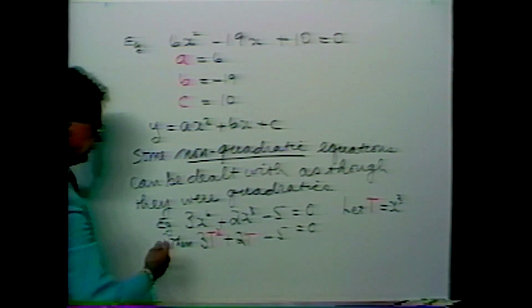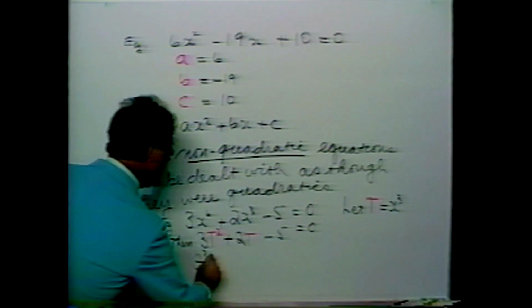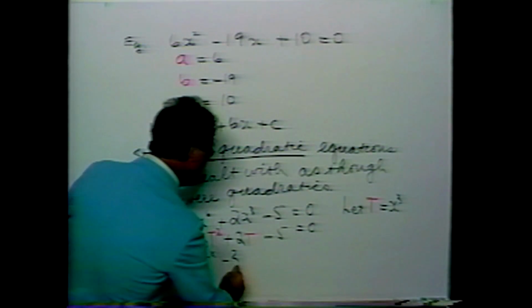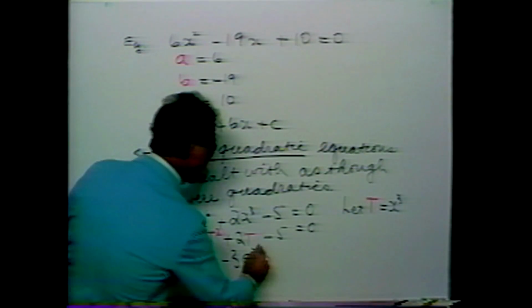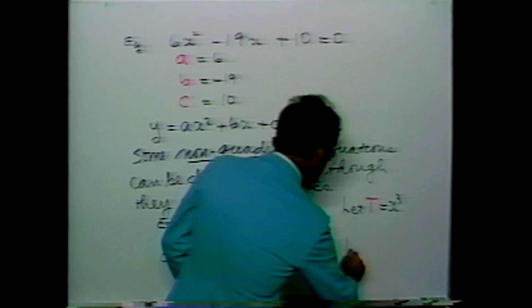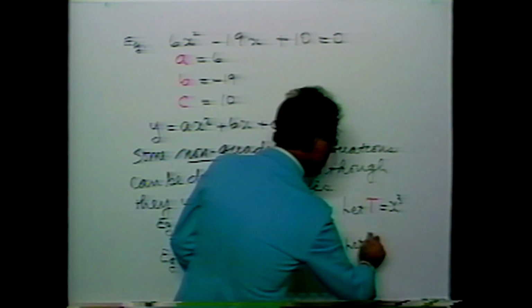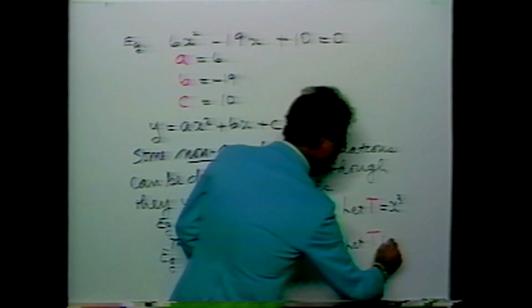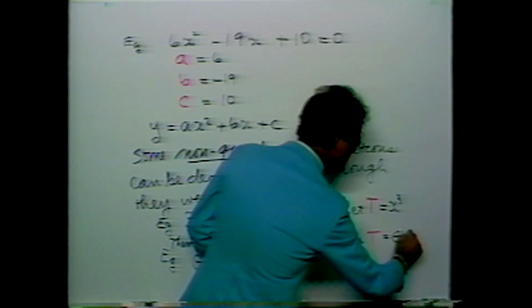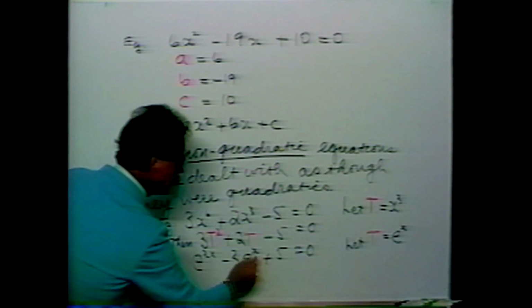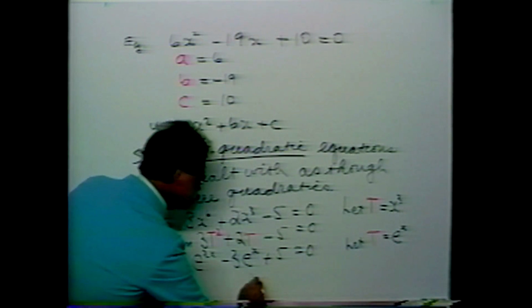Another example, e to the 2x minus 3e to the x plus 5 equals 0. Let t equal e to the x. Then, in the equation, e to the x is the t.